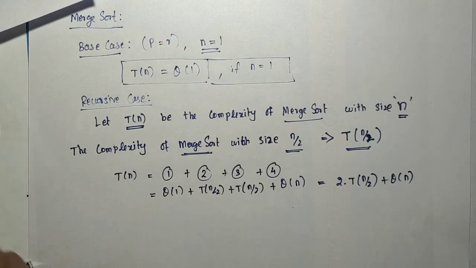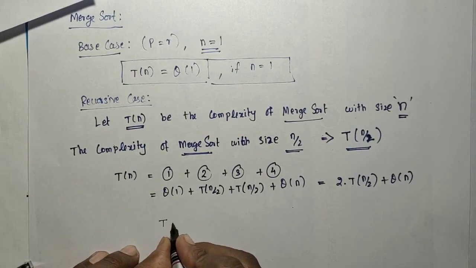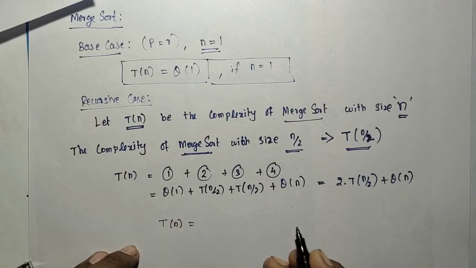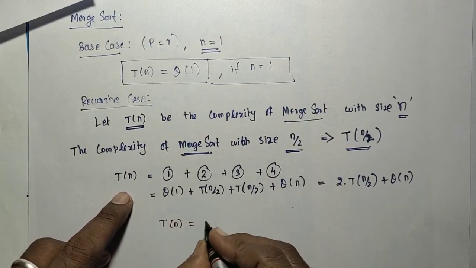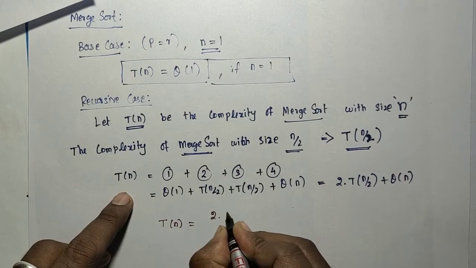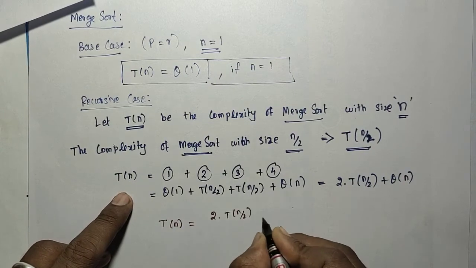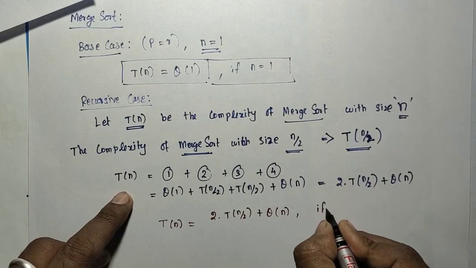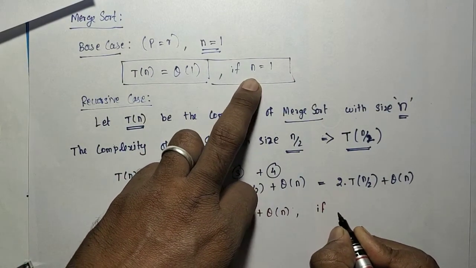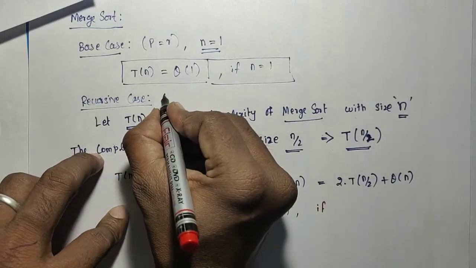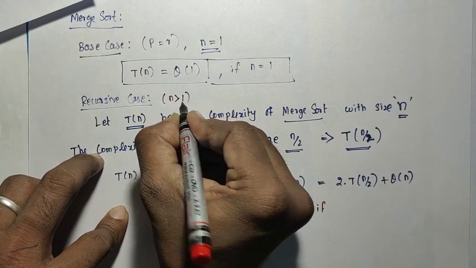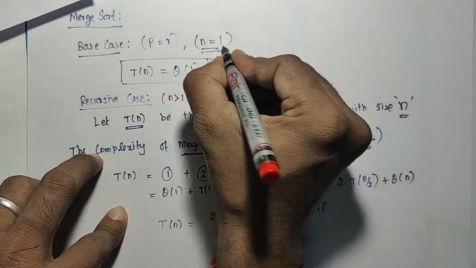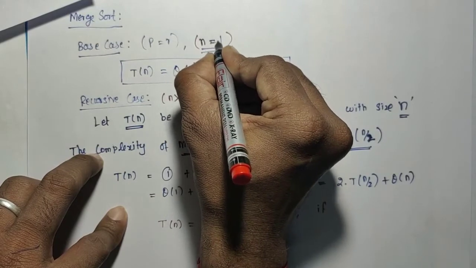So now T of N is equal to 2 into T of N by 2 plus theta of N, if this is the recursive case. Recursive case means N is greater than 1. Base case means N is equal to 1.